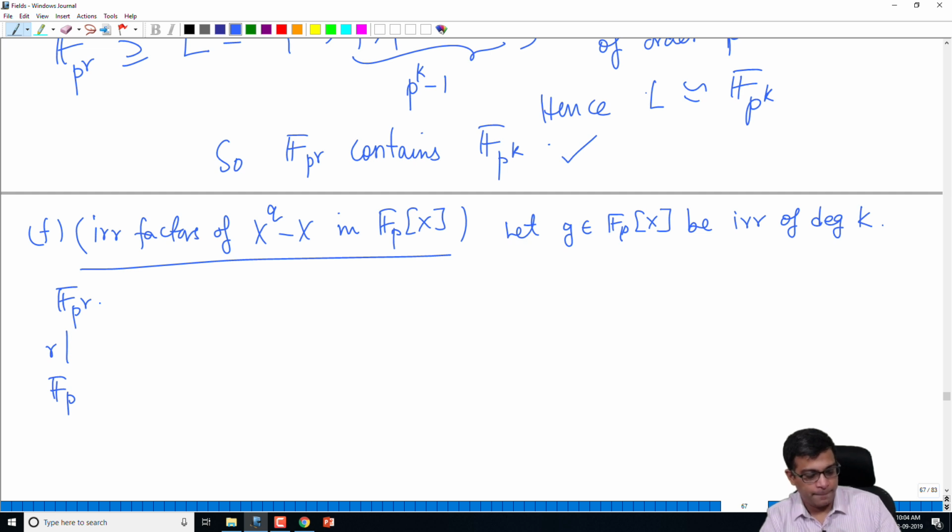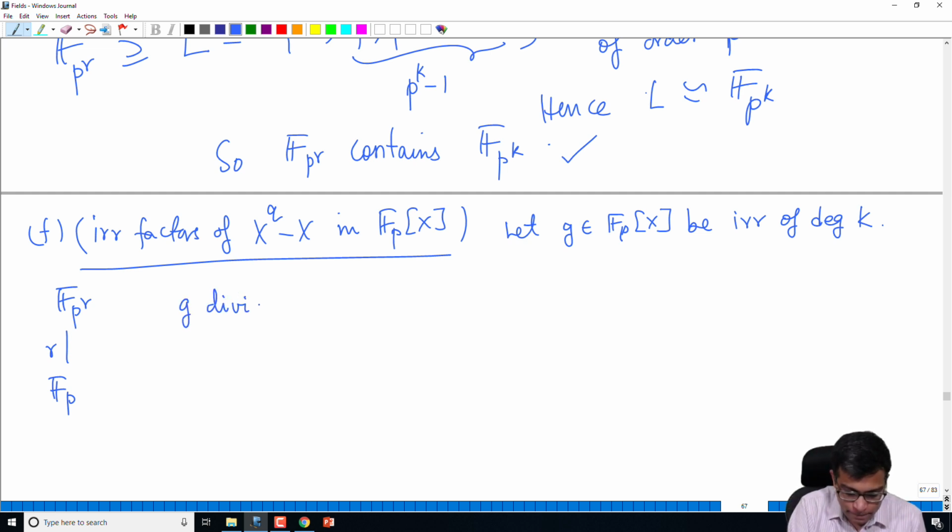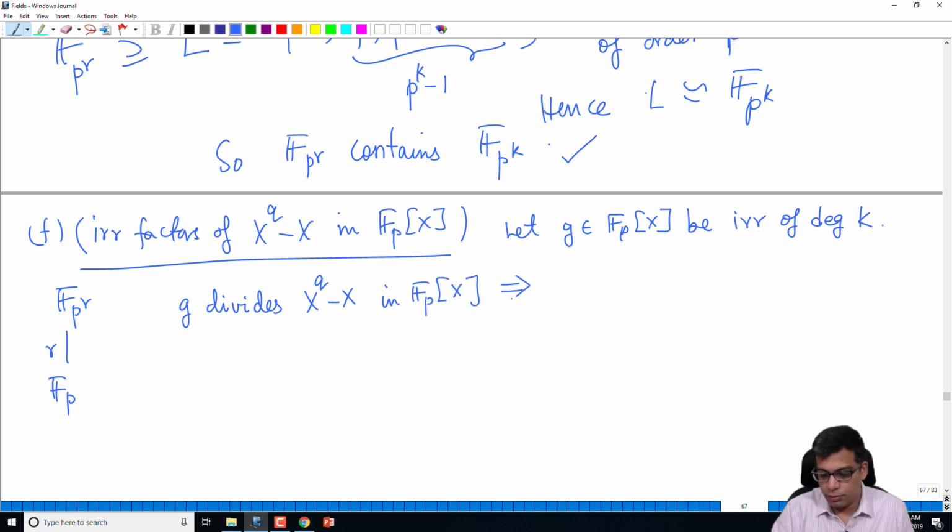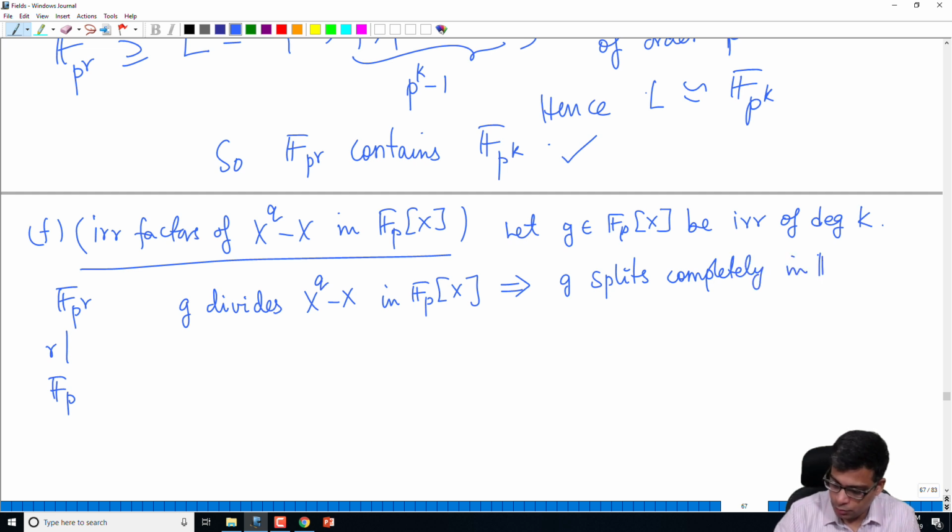It is in fact the product of x minus each element of F p power r. So now suppose g divides x power q minus x in Fp[x]. It is the same as dividing in Fq[x], but I will not stress that here. Then g splits completely in K, which is F p power r.